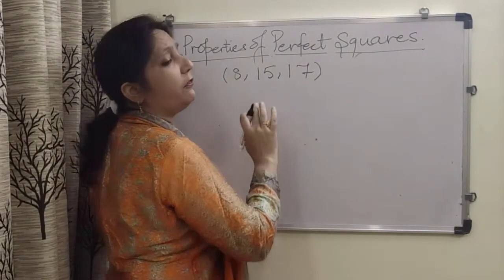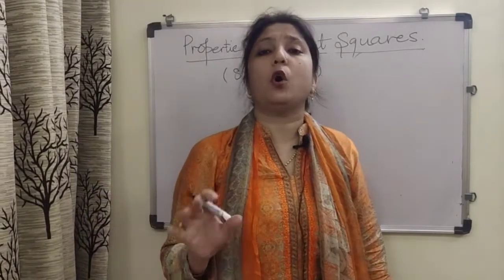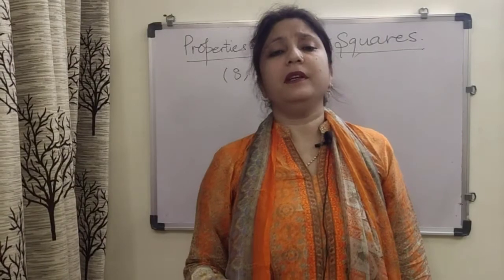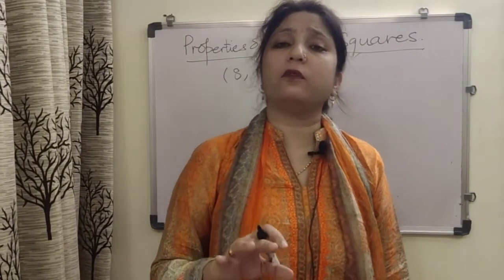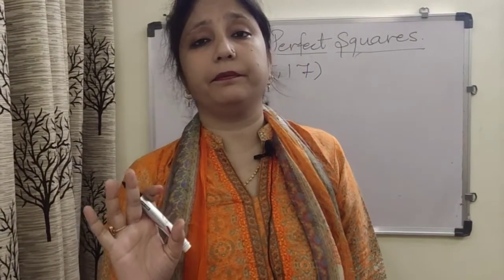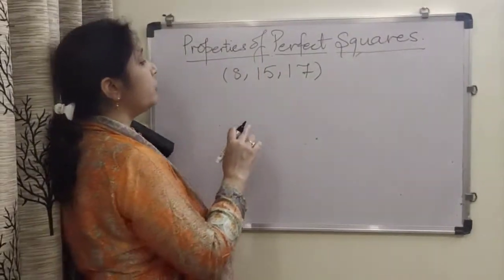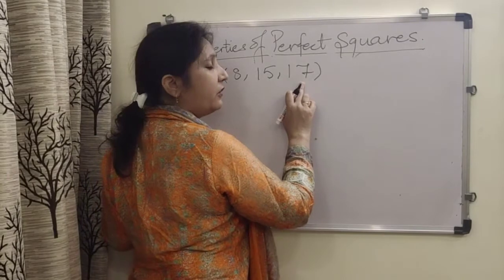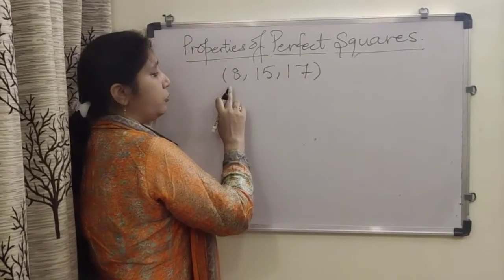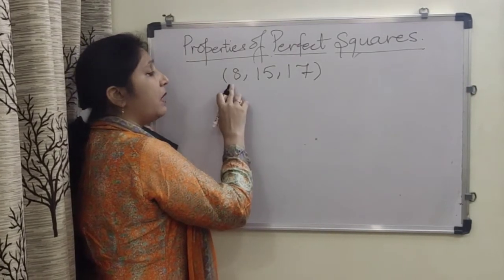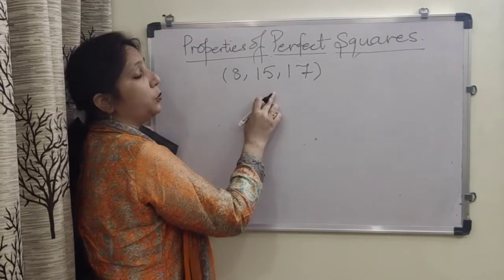Now we have to check whether it is a Pythagorean triplet or not. If it is a Pythagorean triplet, children, it will definitely satisfy Pythagoras theorem. So, according to Pythagoras theorem, the square of the largest number should be equal to the sum of the squares of the other two.